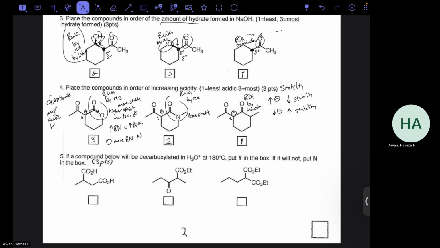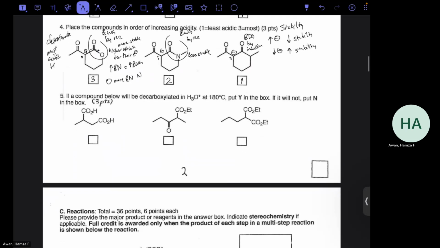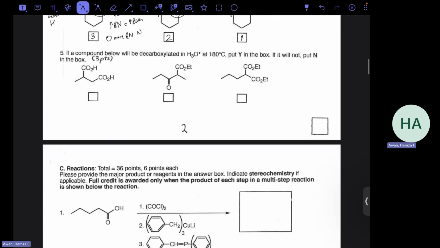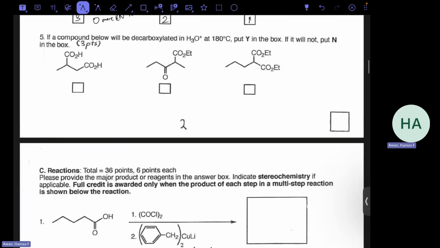So, if a compound below will be decarboxylated in H3O plus at 180 degrees Celsius, put Y in the box; if it will not, put N. For this one we're looking at the alpha beta position.